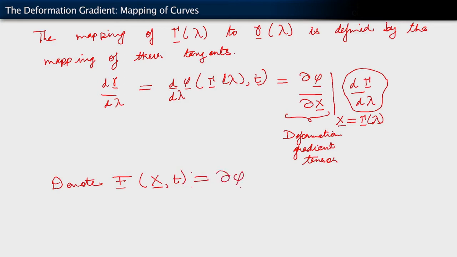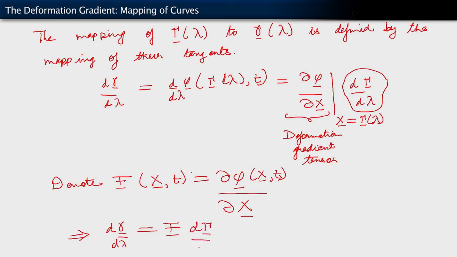Partial of phi of capital X and t with respect to capital X. Okay, what that implies is that d gamma d lambda equals F times d capital gamma d lambda. All right.